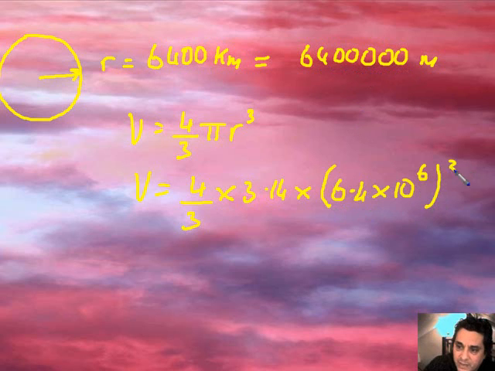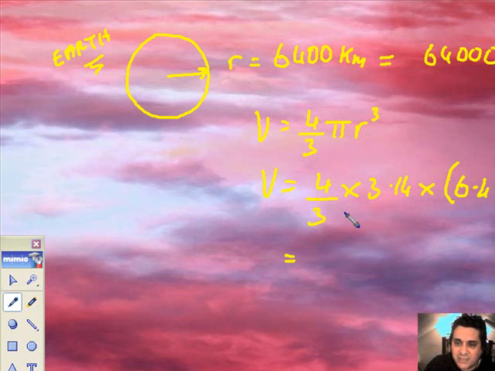cubed. Now again, my calculator can handle it handsomely. What I'm going to do is multiply this little bit first, just to get that out of the way, to make things less complicated. So 4 divided by 3 multiplied by 3.14 gives me 4.18666. Say that'll be enough.